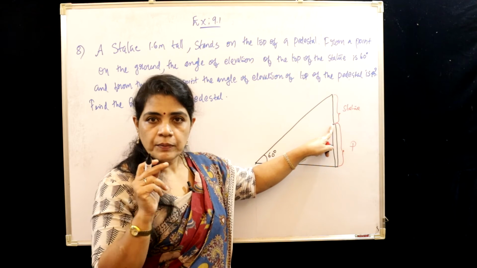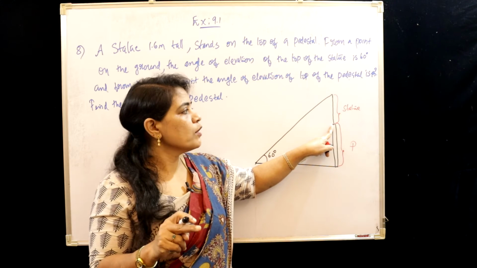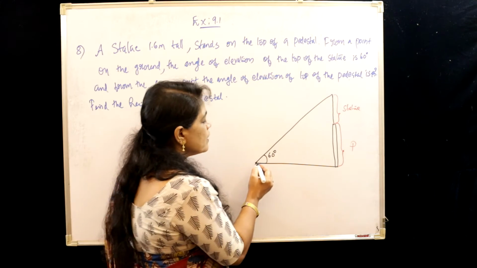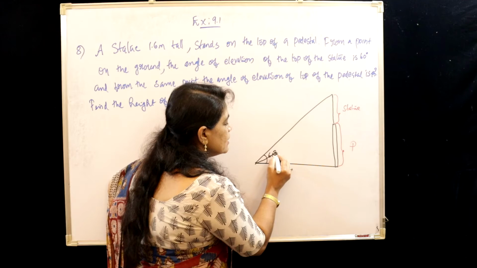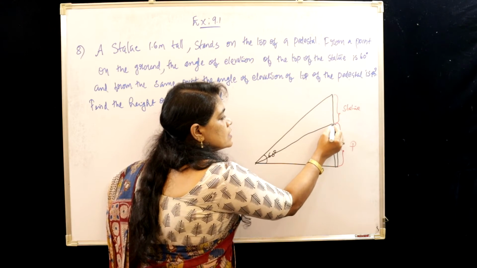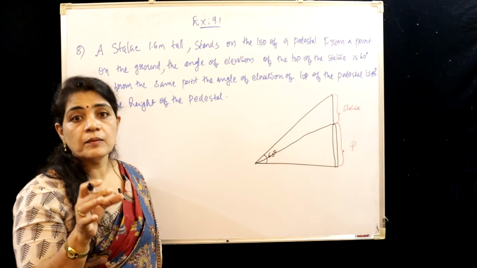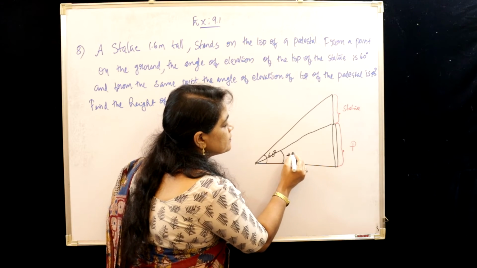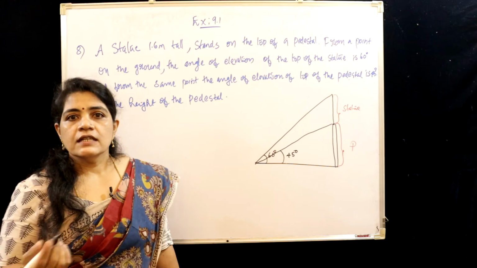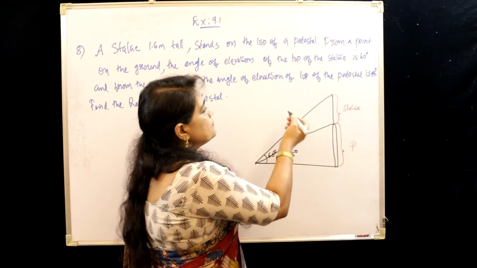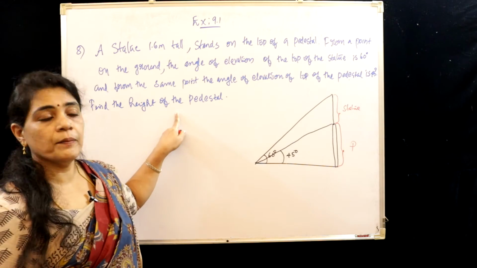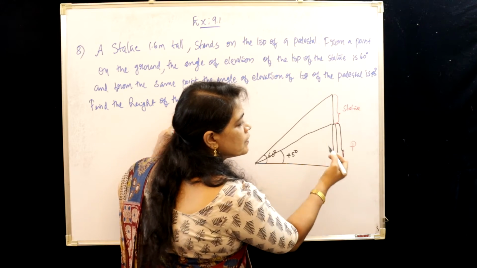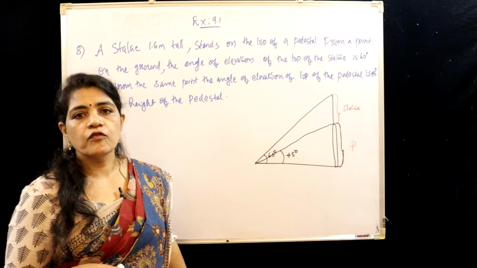This is the pedestal, the top of the pedestal, or you can say the bottom of the statue, both are correct. So this is the topmost point of the pedestal, and that is given as 45 degree. And what is asked? We have to find the height of the pedestal. This is the height of the pedestal, this is what we have to find out.